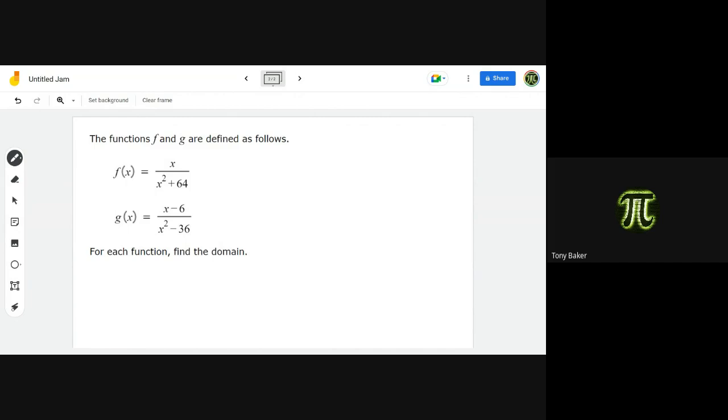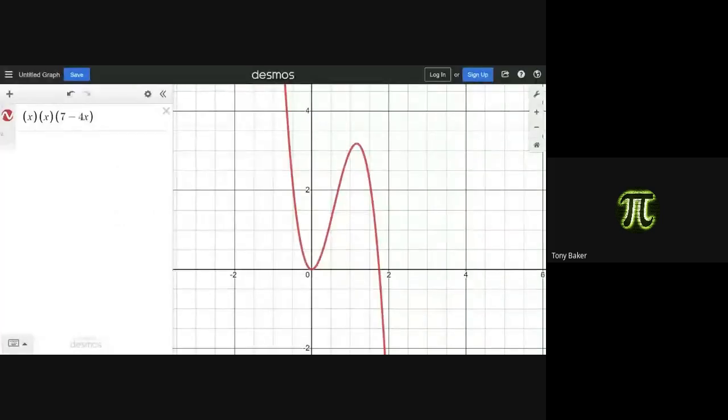So here's my volume problem that we just did. Is that graph an accurate representation of my volume? No, because all those numbers won't work.